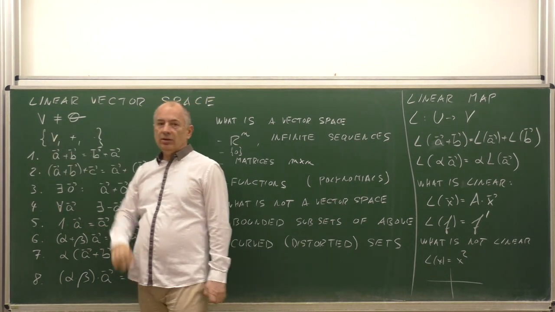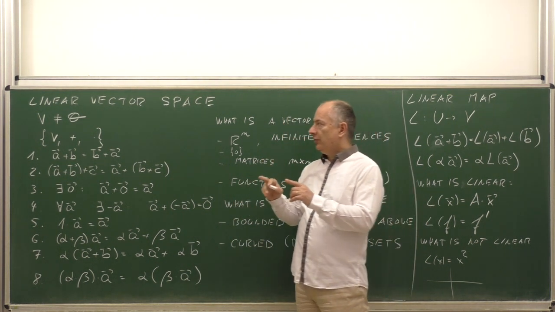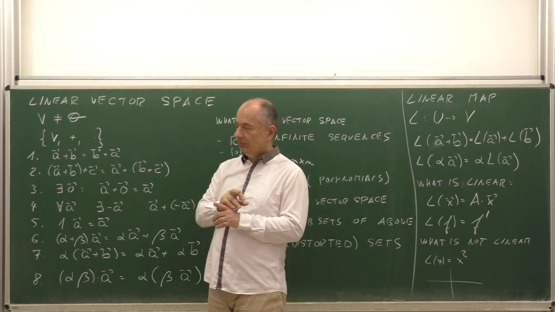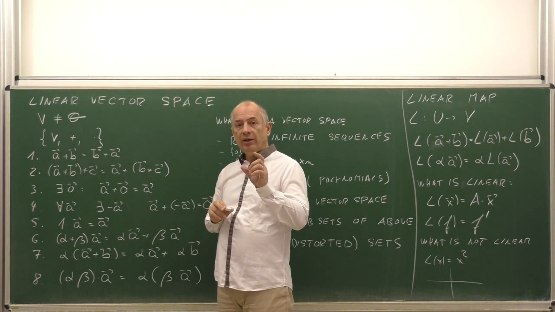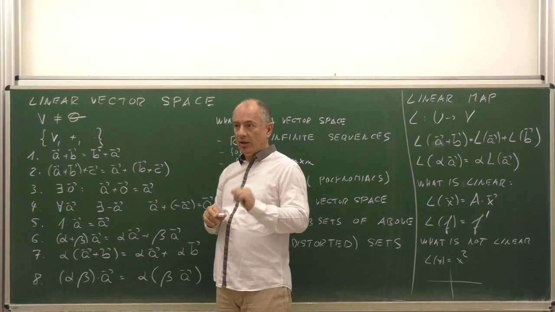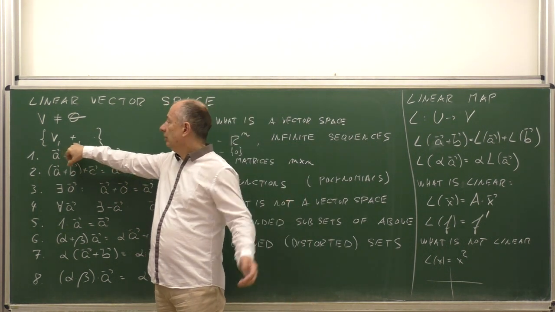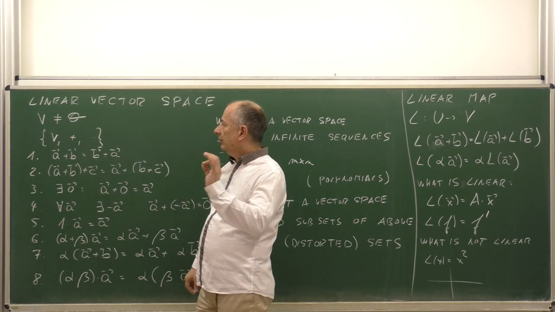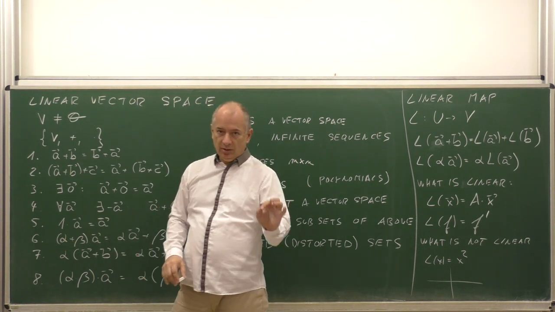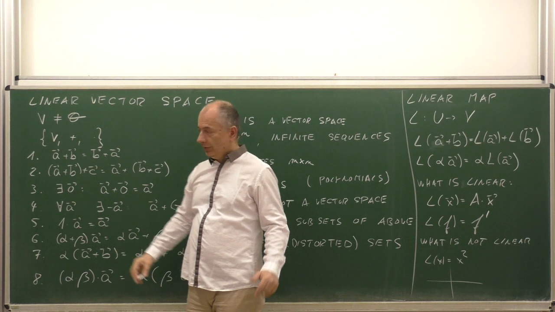If the elements in this set can be added, that means we have some operation addition, and if these elements can be multiplied by a real number, by a real scalar, let us denote these operations plus, the addition, and dot, not for the dot product, not for the scalar product, but this is the multiplication of a number with a vector. The elements of this set will be called vectors.